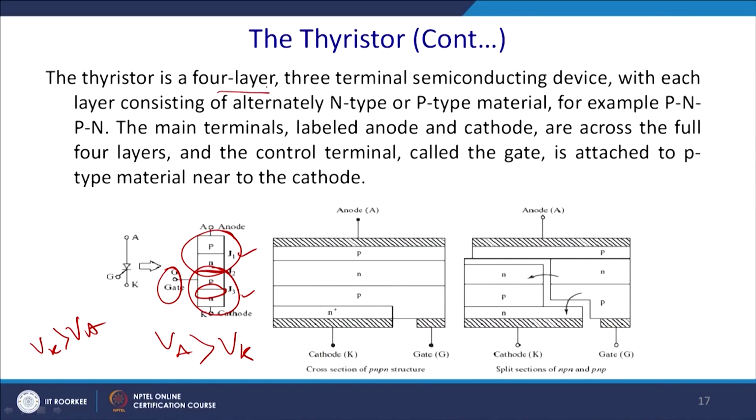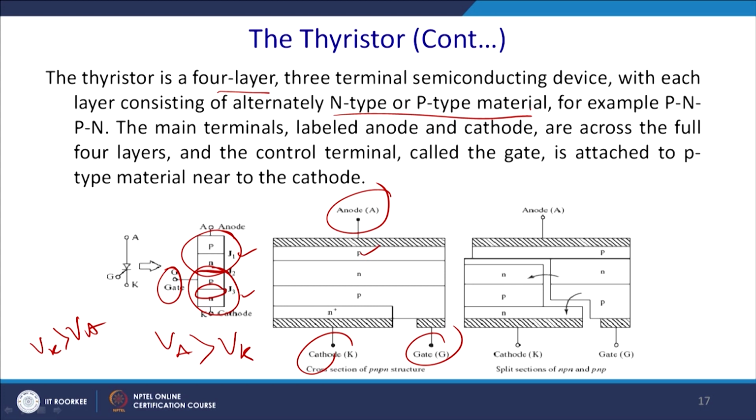So, let us come into the discussion. The thyristor is a 4 layer, 3 terminal device; you can name the layers P1, N1, P2, N2. You have the anode, the cathode and the gate, with each layer consisting of alternating P and N type material.